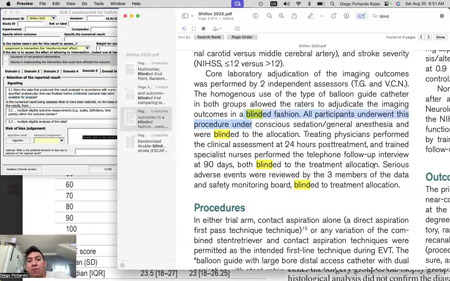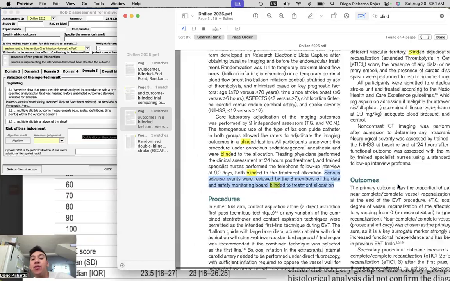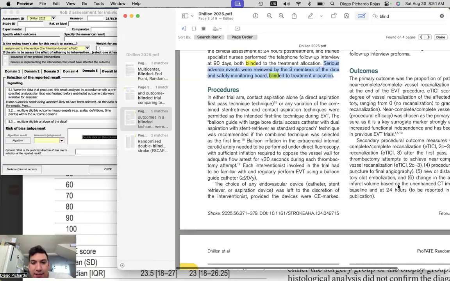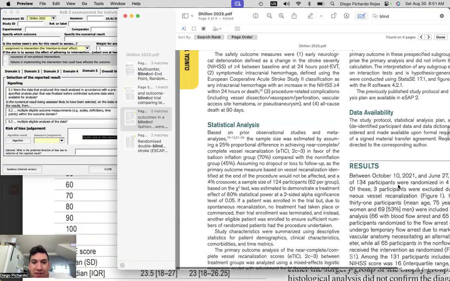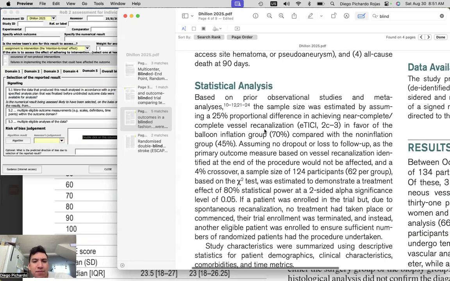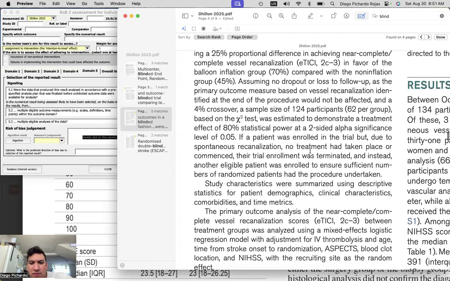Here they say that all of the analysis and review were blinded up until the analysis. That's what it says. I'm just going to look up if there's a specific phrasing. Okay, here you go, statistical analysis.